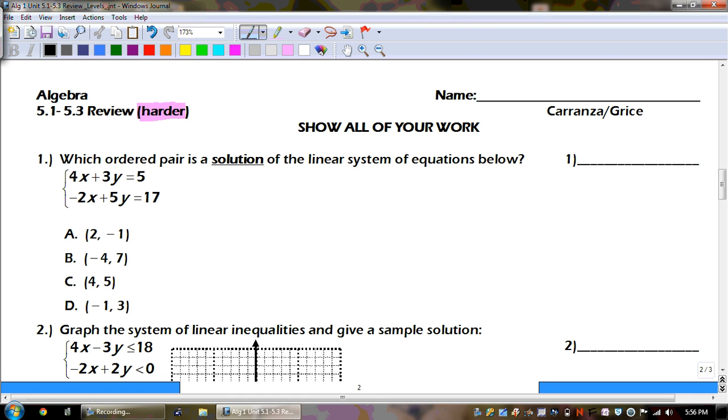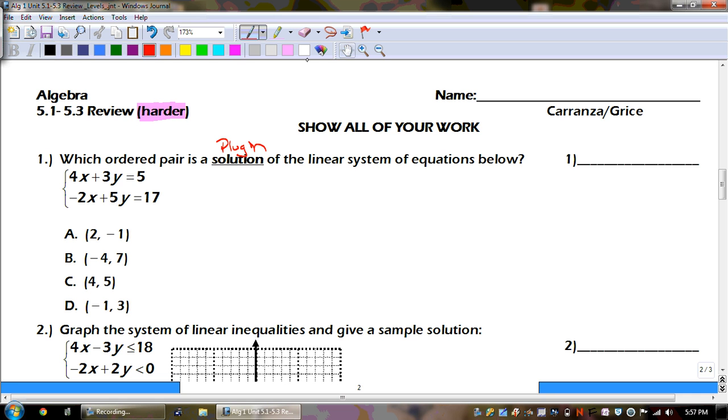Number 1 says which ordered pair is a solution of the linear system of equations below. So pretty much what they're asking us to do is to plug in and figure out which one works.